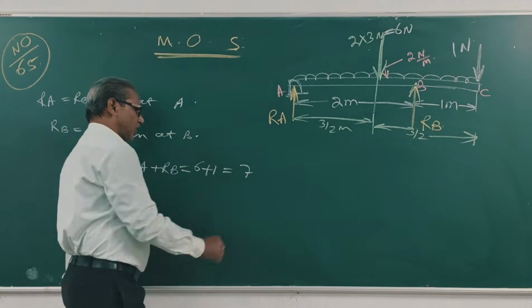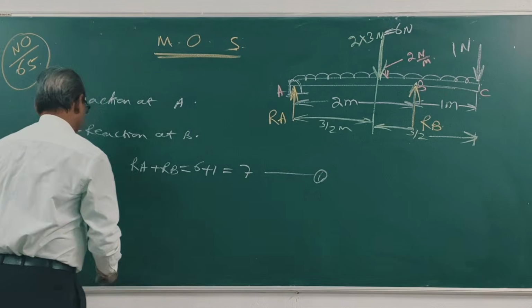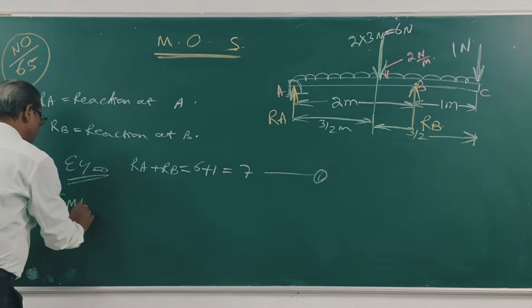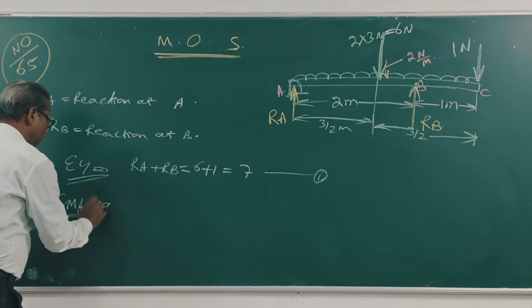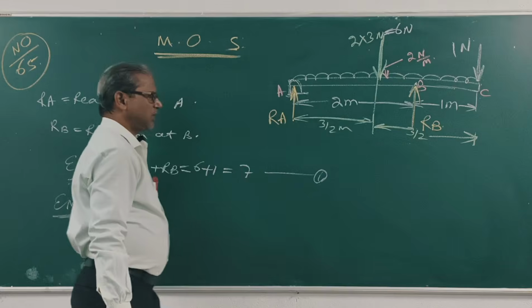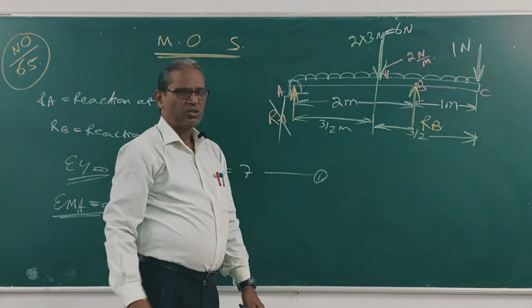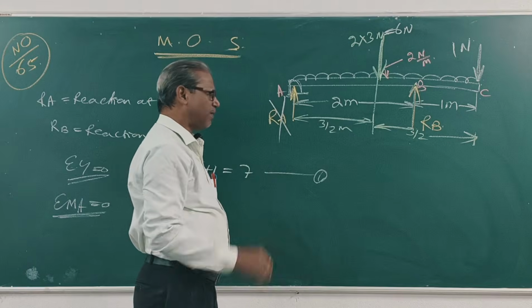This is equation 1. Take moments about A. Sigma MA is 0. About A, RA passes through A, so its moment is 0. Clear?